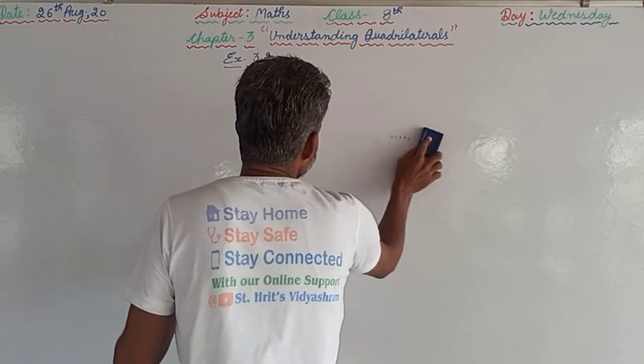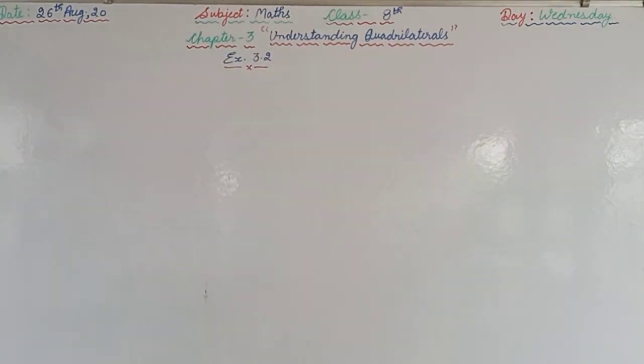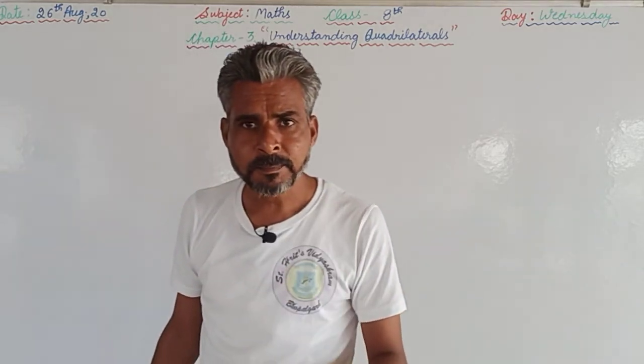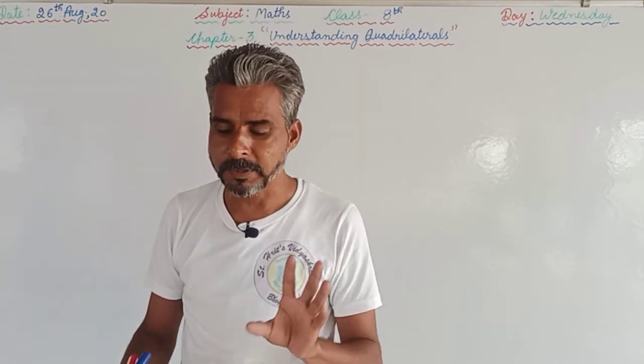So for the regular triangle, means the equilateral triangle, we can find out the interior angle, that will be 60, because all the angles will be equal, and the angle sum property of a triangle is 180. 180 by 3, that is 60 degrees. So 60 degrees will be the minimum interior angle of a regular polygon.